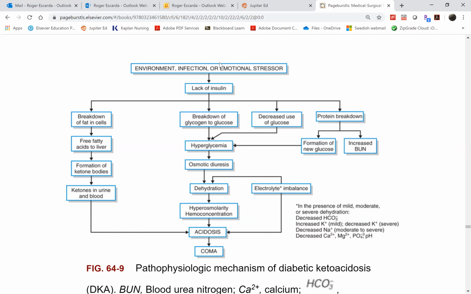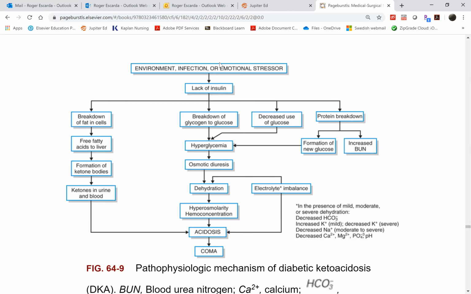So we break down the three sources of glucose. We start with the liver. Since that is short-lived because we only have a limited amount of glycogen, it will now go after fat. So look at the left side, it's breaking down fat. On the right side, it's also breaking down protein. All these three will continue to raise the blood sugar levels because again, without insulin, it will not be able to enter the cell.